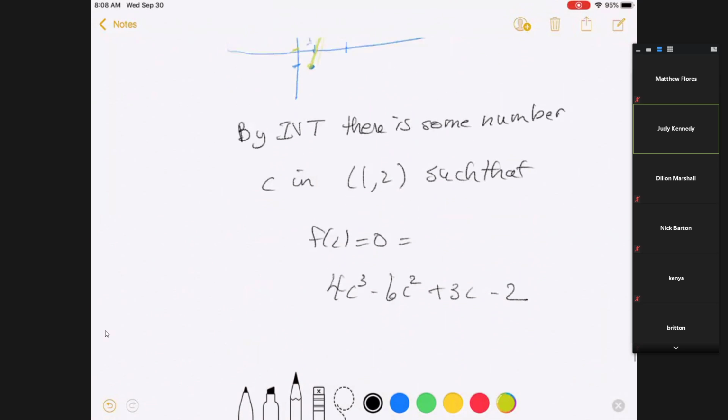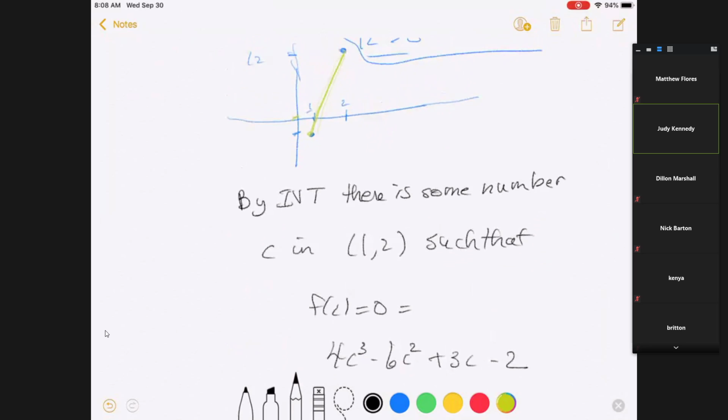Notice I didn't find this number. I just know that it exists by the intermediate value theorem.